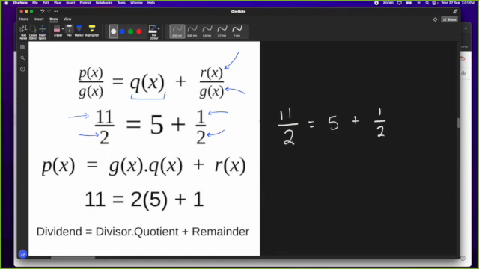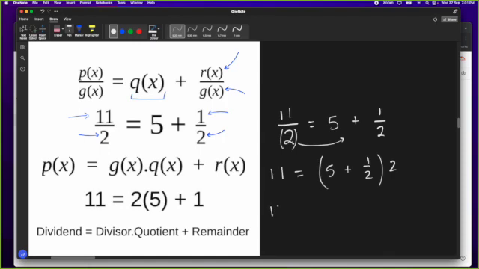What if I decide to take this 2 and fling it across to the other side of the equation? What will end up happening? I'll end up having the 11 here is equal to this 5 plus 1 over 2, all multiplied by 2.